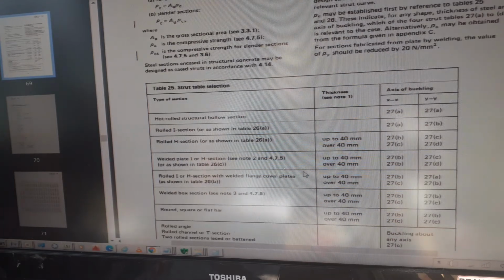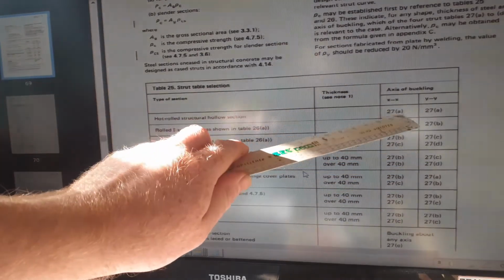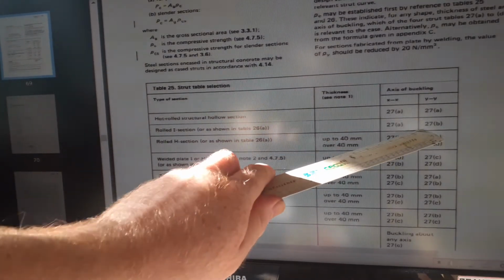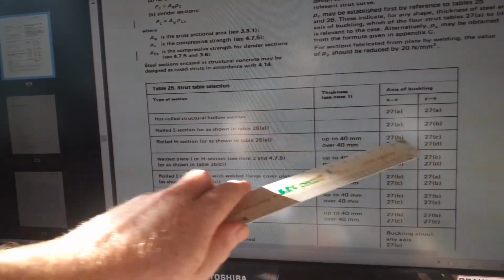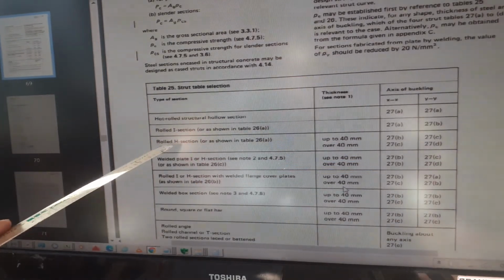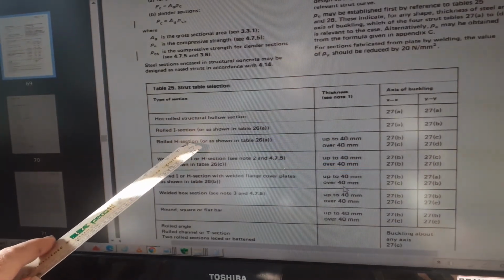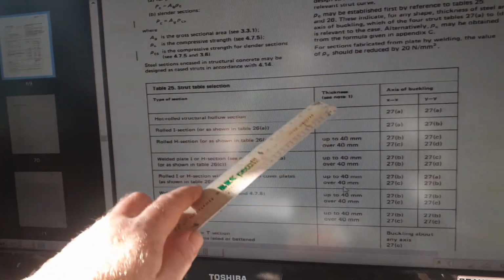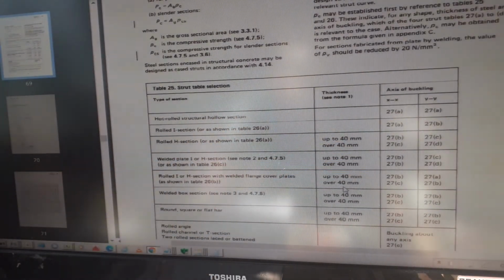In our case, because it says use Table 27A, 27B, 27C or 27D, that suggests there are 4 strut curves that can be used depending on the section. In our case we've got a rolled H section, that's a UC section. When it says thickness, that means the thickness of the flange.